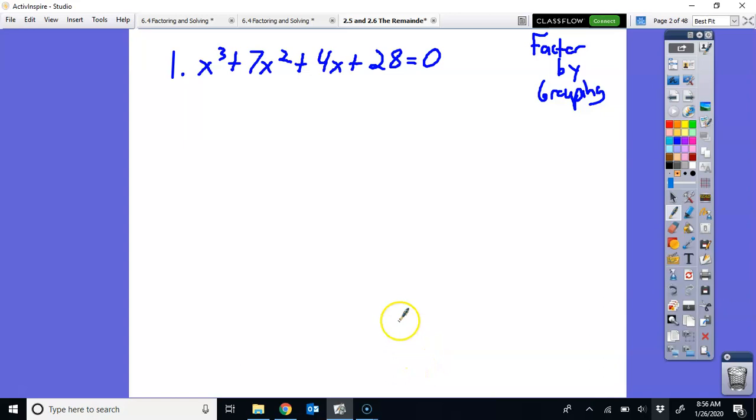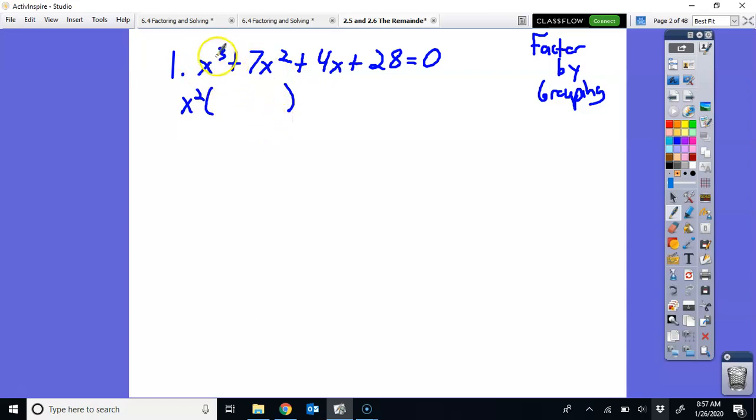Factoring by grouping says, basically you're going to divide this problem into two groups. We're going to look at this group and this group. That's one of the reasons four terms, or an even number of terms, is helpful in this case. So I'm going to look at the first group and say, okay, both of these have an x squared in common. What we mean by that is both of them can be divided by x squared evenly.